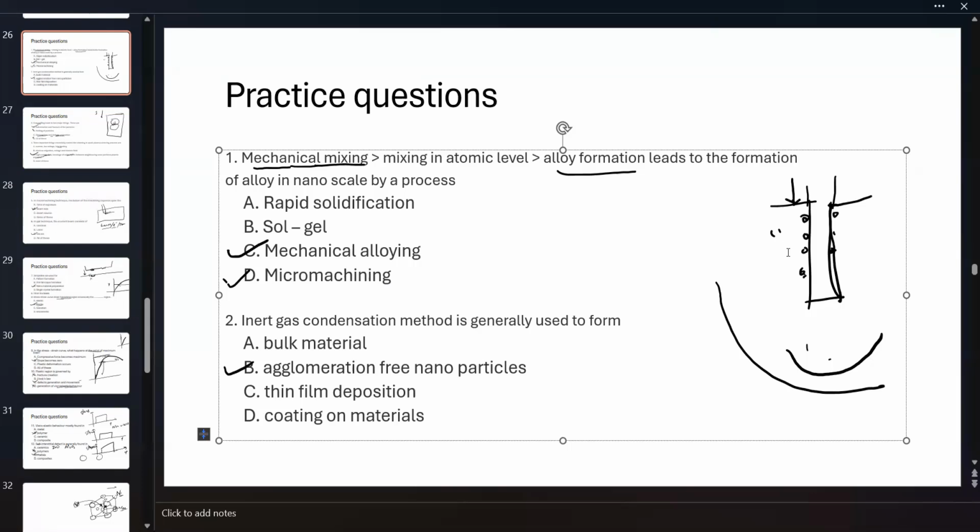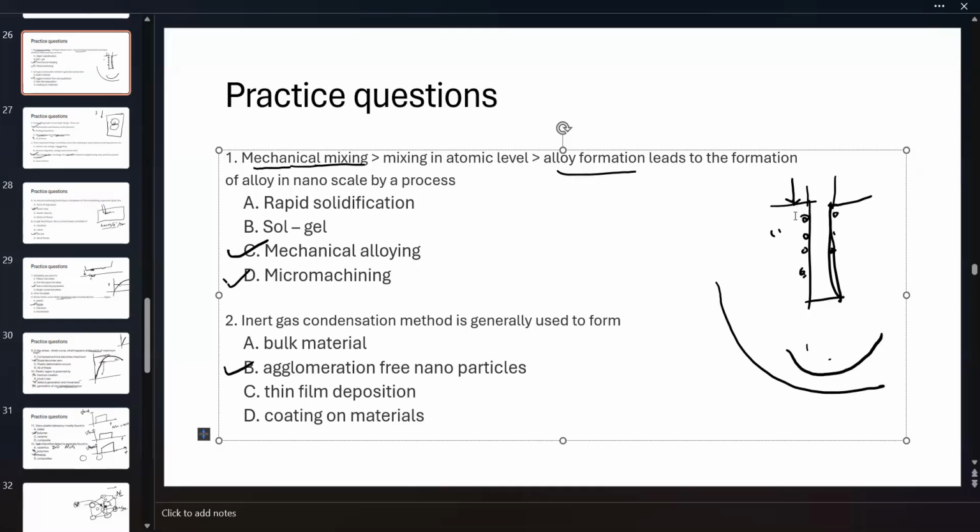So inert gas condensation, if you remember, you have your cold finger, and on top of that, your nanoparticles start to grow.